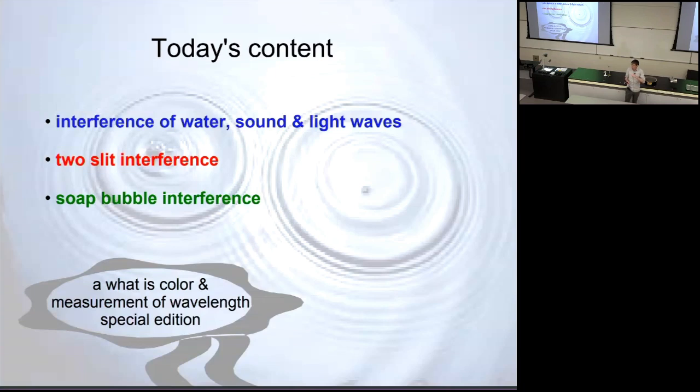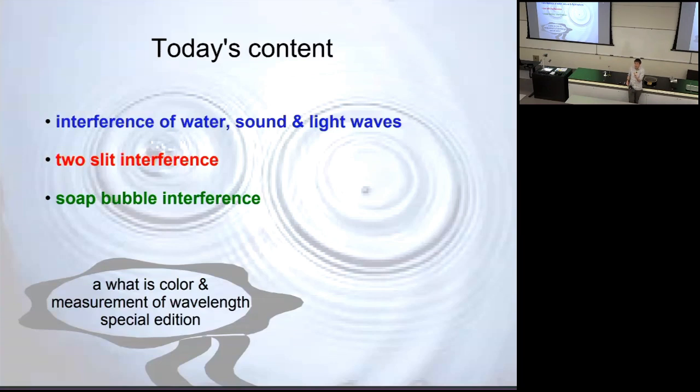The wavelength of visible light is from 400 nanometers to 700 nanometers. That's the range of wavelengths of visible light. Now, what sort of scale is that? Well, let's start with a meter. This is about a meter. A thousandth of a meter is a millimeter, which you can see.